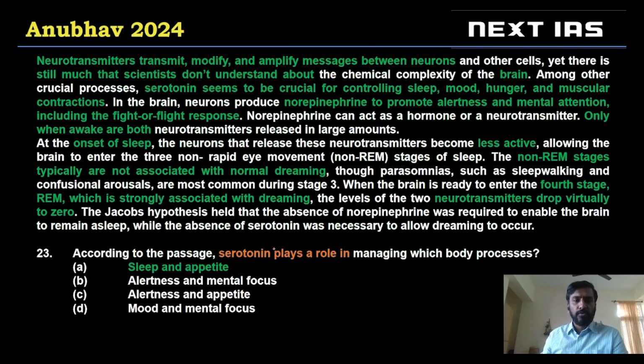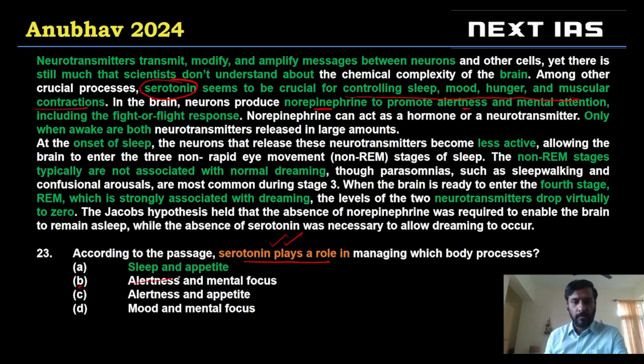Okay. So according to the passage, serotonin plays a role in. So this is a factual question about serotonin. It's a fact-finding exercise. So you just go to the passage and see what serotonin does. Now, alertness and mental focus is norepinephrine, right?